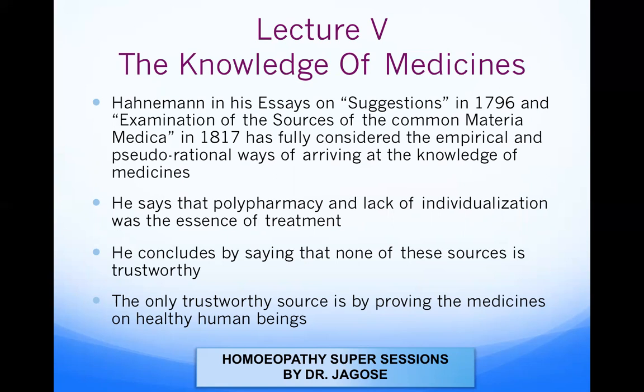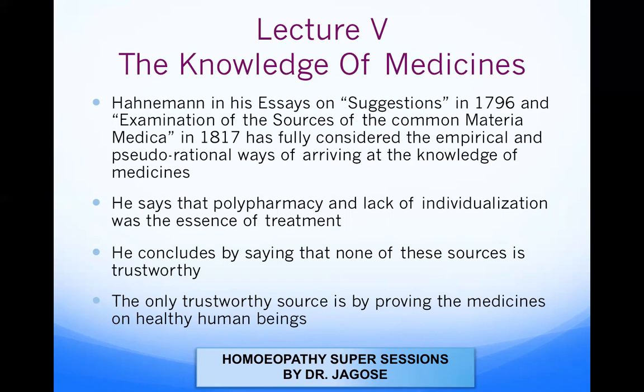So whatever treatment the professionals were giving during that time, multiple medicines were mixed up and given. That is polypharmacy, and naturally there was no individualization. So that was the essence of treatment: more than one drug, given on hearsay or by the empirical method.